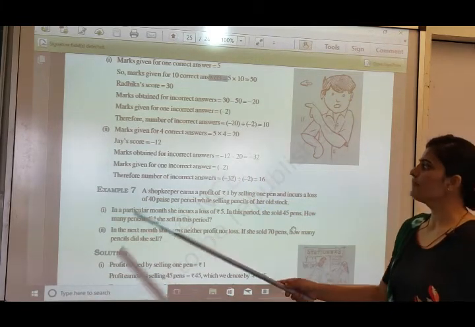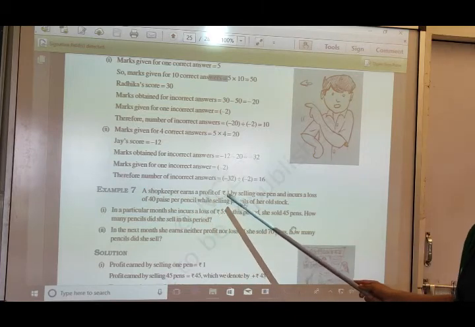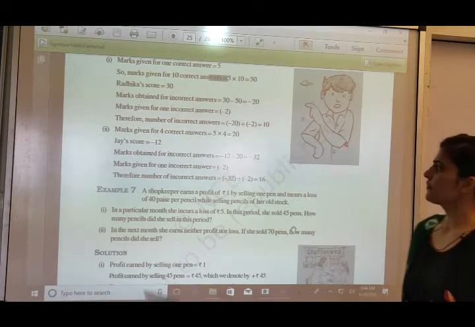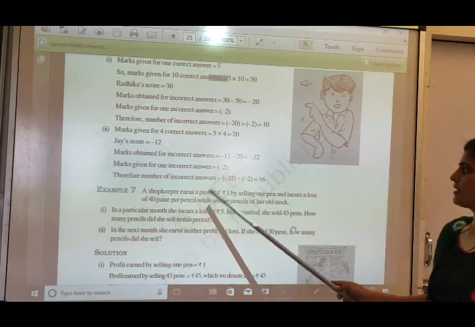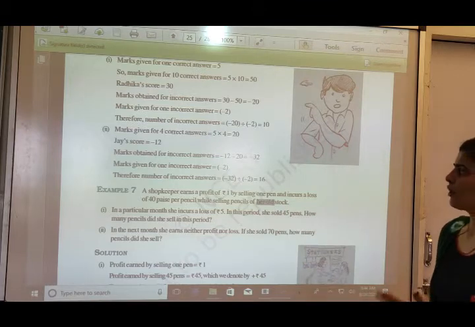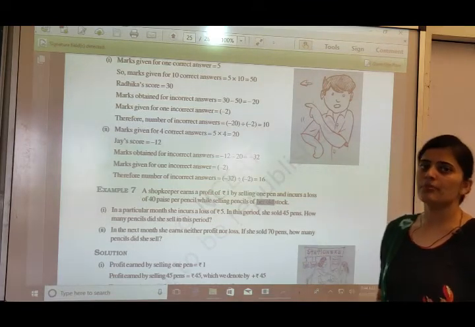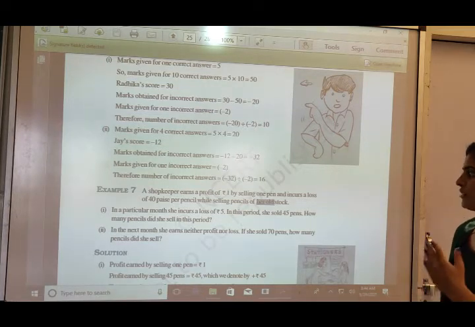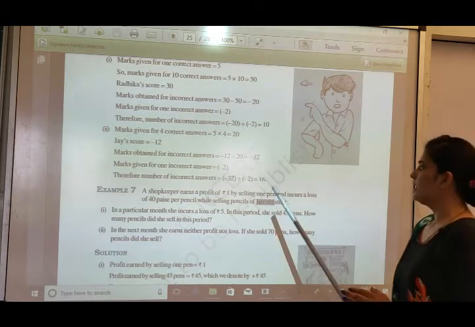Now example 7. A shopkeeper earns a profit of rupees 1 by selling one pen and incurs a loss of 40 paisa per pencil while selling pencils of her old stock. Now here profit is also there and loss is also there. Profit is that 1 rupee he gets for a pencil.